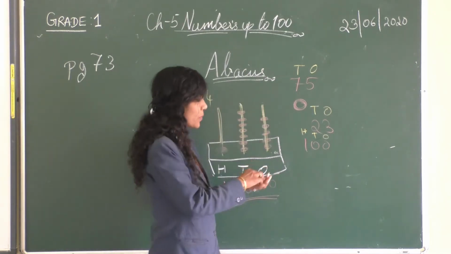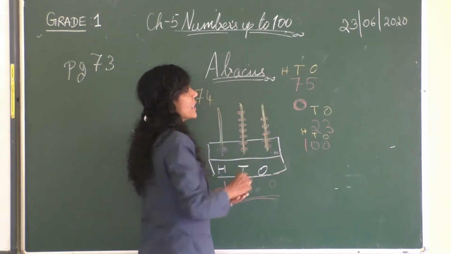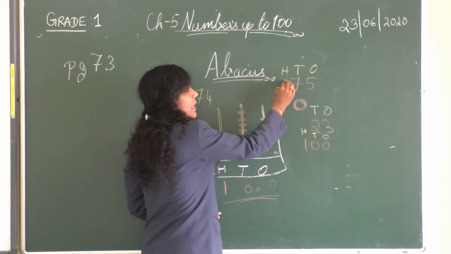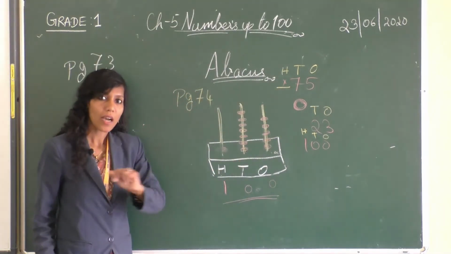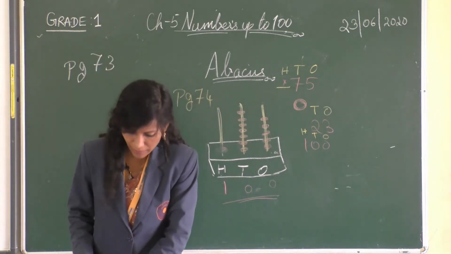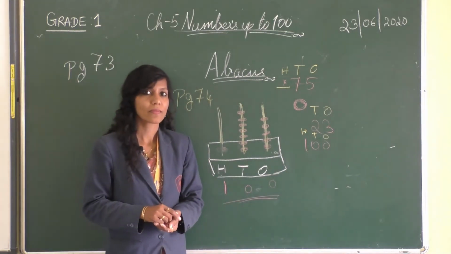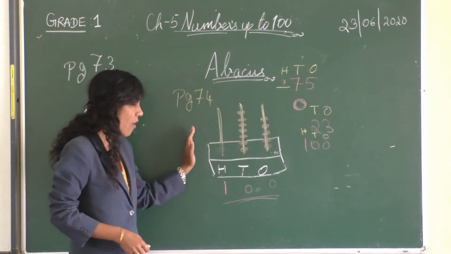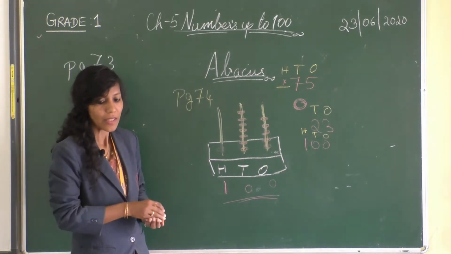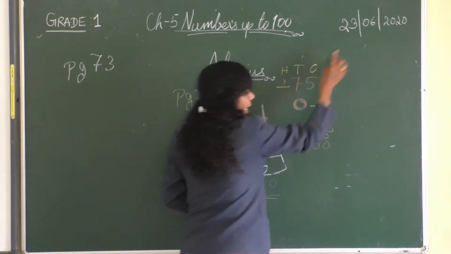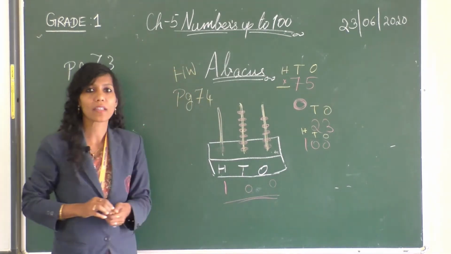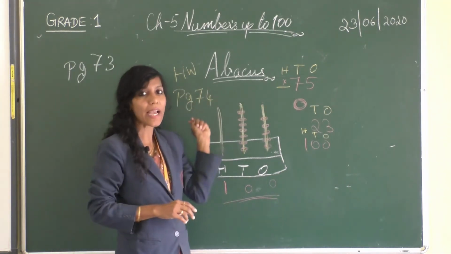Now, hundreds position, do we have anything? Blank, there is nothing here, so we don't touch the hundreds position. So like this, you have to solve the sums. Page number 75. Like this, all the problems in page number 74, you have to solve by yourself. There you have to write today's date and homework.